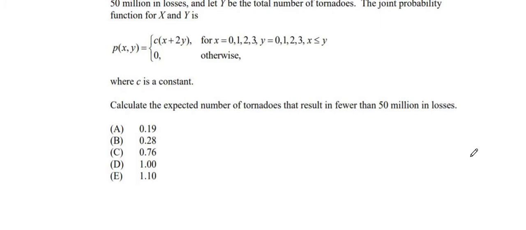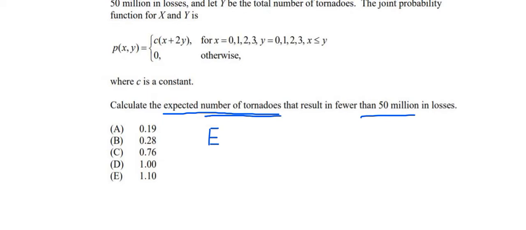For this problem, we want to find the expected number of tornadoes that result in at least 50 million loss. So we want to find some random variable.